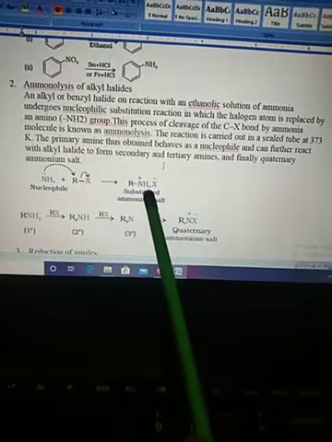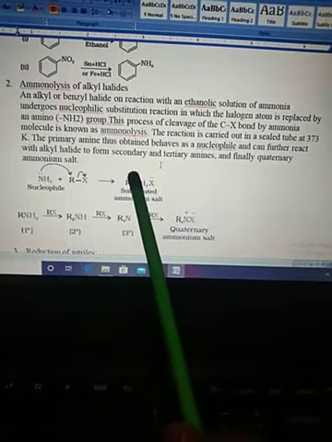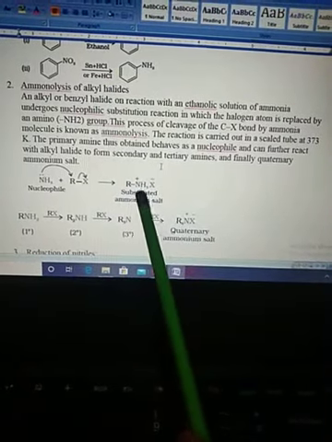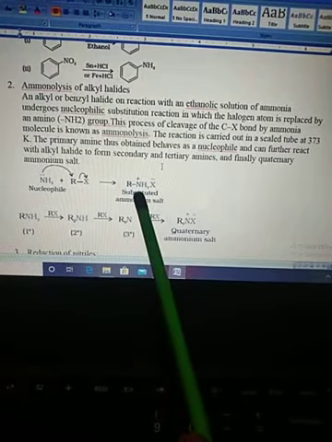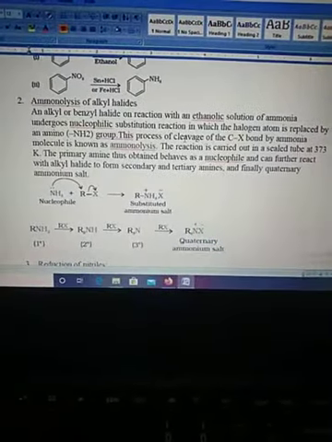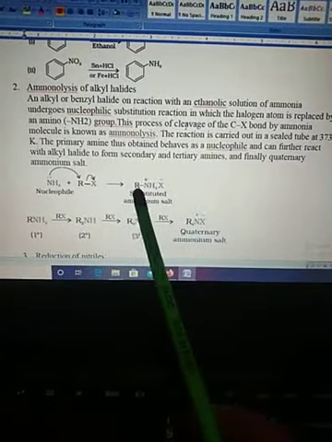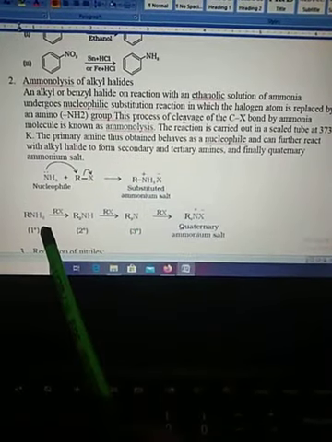Now to stabilize, because here nitrogen has 4 bonds and it has a positive charge, out of these 3 hydrogen atoms, one hydrogen will be removed as H plus. The remaining compound obtained will be RNH2, that is a primary amine.